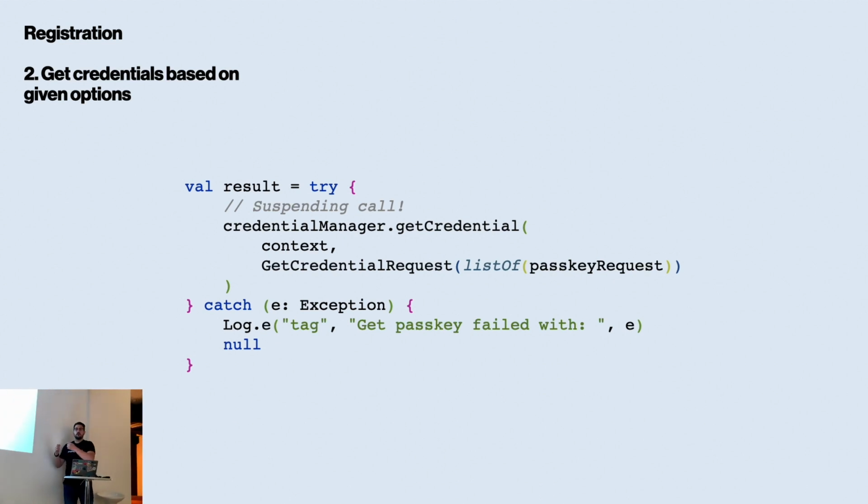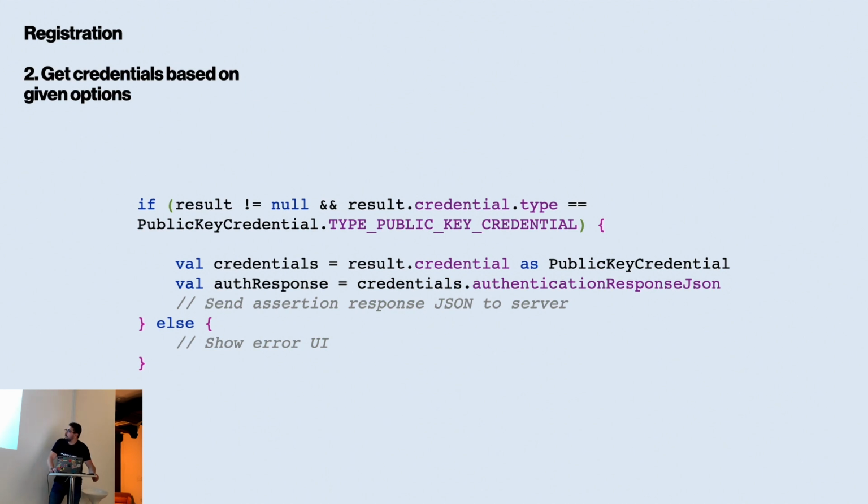So if you used a passkey to log in and it returned a credential that's a passkey type, and that's the only kind of limitation of the current API. You get that credential. If you get an exception, well, you're out of luck. But if you succeed, then you check the result. If it's a public key credential, that's what within the API they call a passkey.